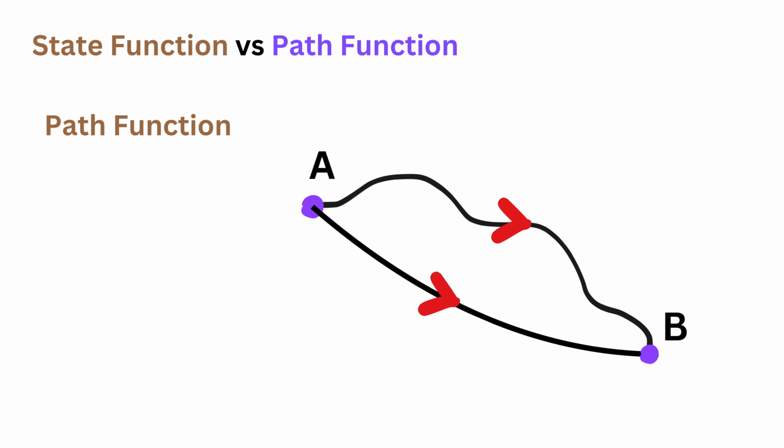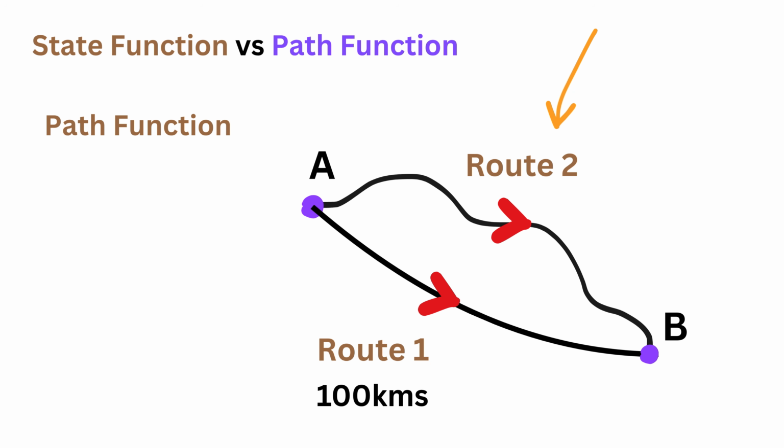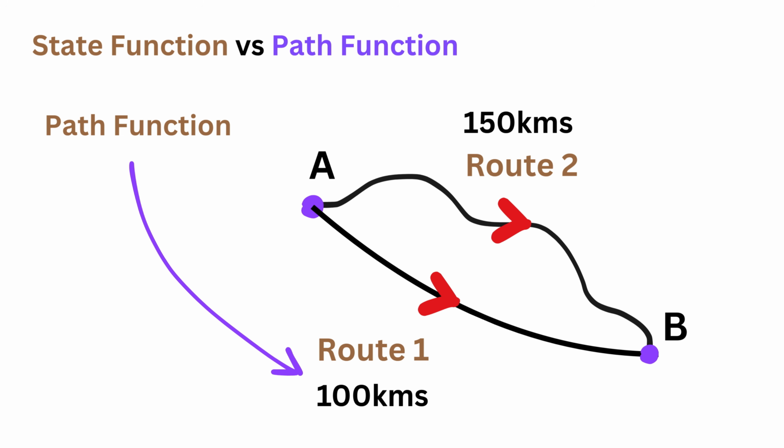A simple analogy is the distance you travel. Suppose there are two cities, A and B. The straight road between them is 100 kilometers long, but there might be another route that goes around hills and is 150 kilometers long, or another that is 200 kilometers long. The distance you travel depends on the path you choose, even though your start and end points are fixed.